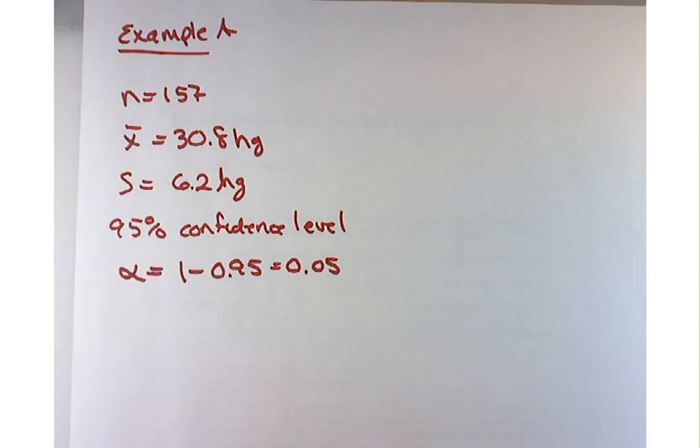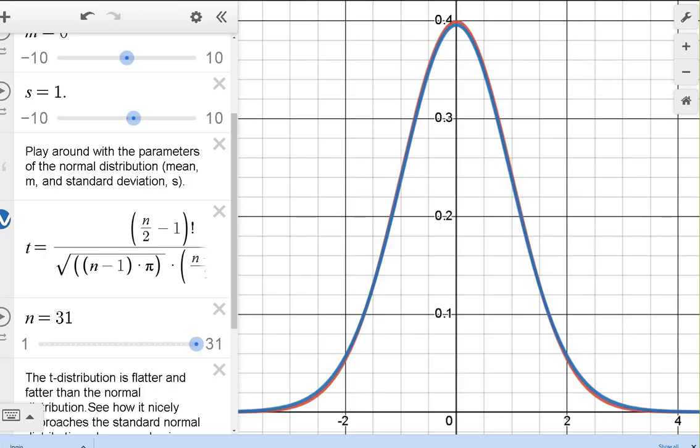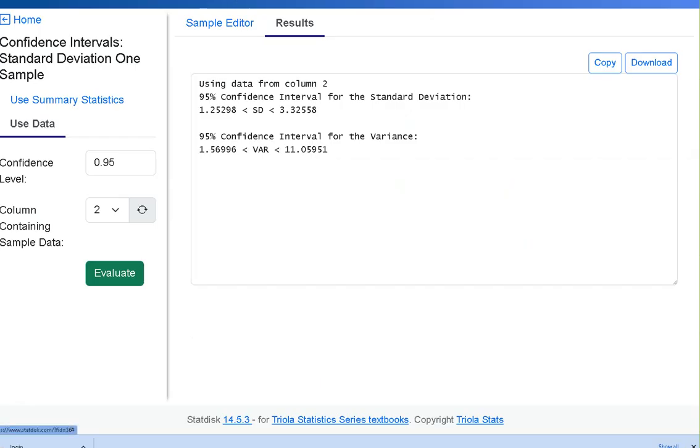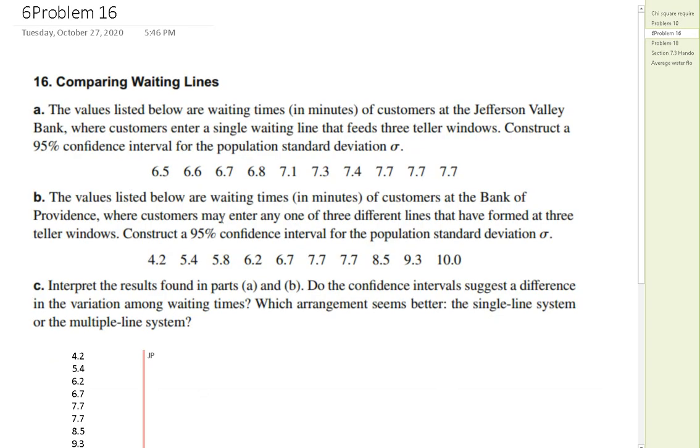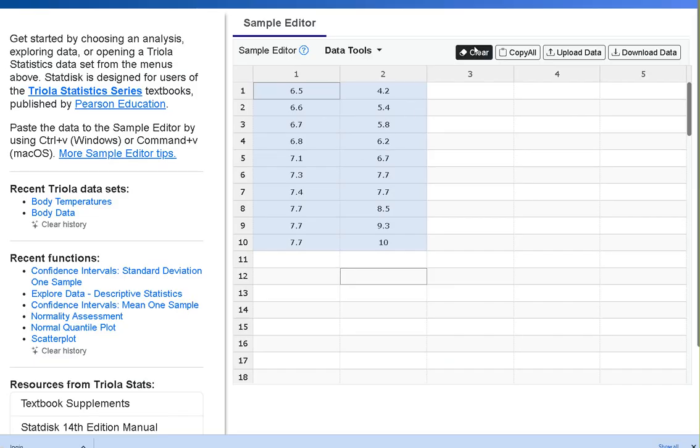We're going to do that in StatDisk. So if you have some data there already, you can clear that out. Somehow I think I want to keep that around for next section, so let me just paste it in here and return back. Let's clear that out.